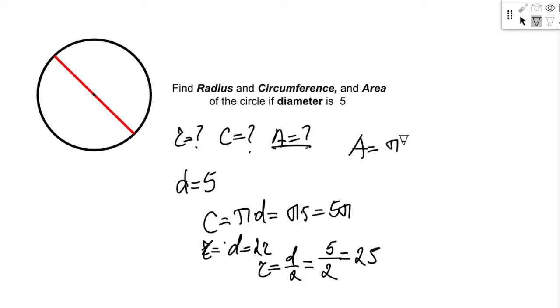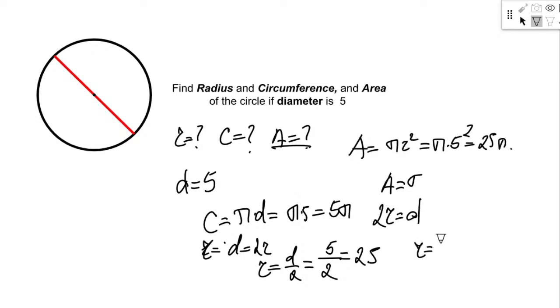Area equals πr squared. So here it would be π multiplied by 5 squared, which is 25π. And it's a good opportunity to also discover how we can find areas through diameter. If we know that 2r equals the diameter, then r equals diameter divided by 2, right?